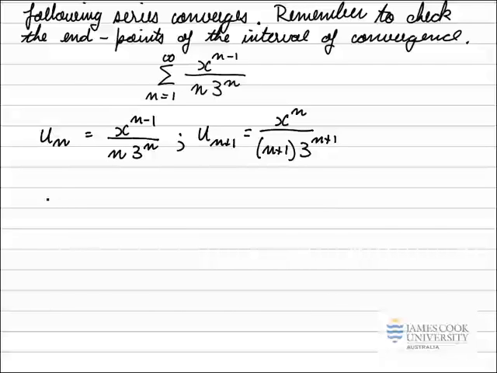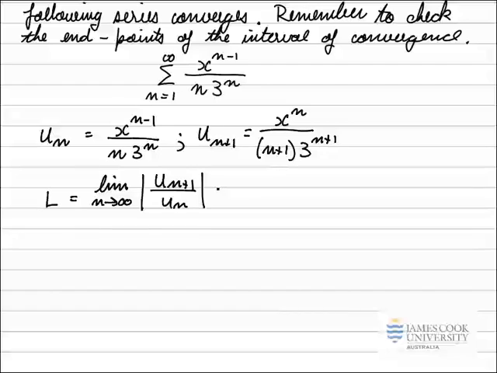The ratio test allows us to find a value L, which is equal to the limit as n approaches infinity of the modulus of u_(n+1) over u_n. When we introduce the ratio test, it's for positive term series. Because these terms now have a value of x which can be negative, the ratio test includes the absolute value of this ratio. So now we substitute the u_(n+1) and u_n into the ratio test.